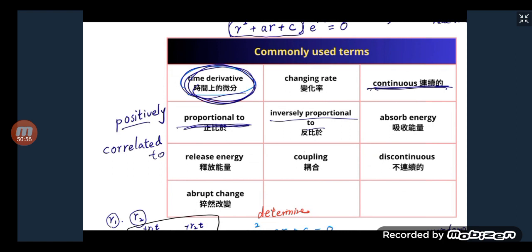It's not always proportional, but sometimes when one increases the other one also increases, then we say that they are positively correlated. 它们是正相关的.